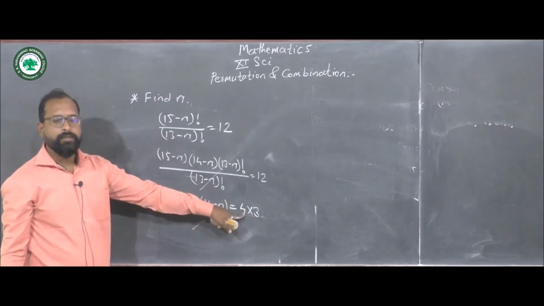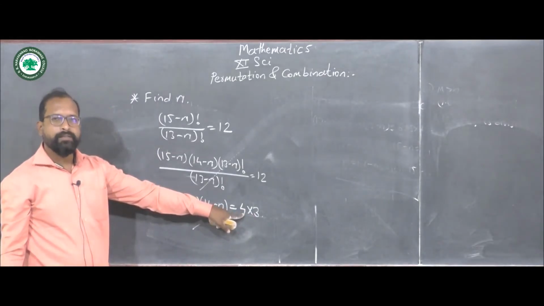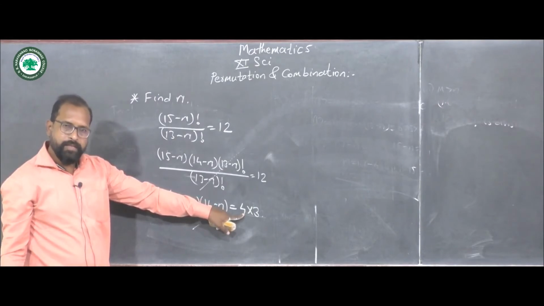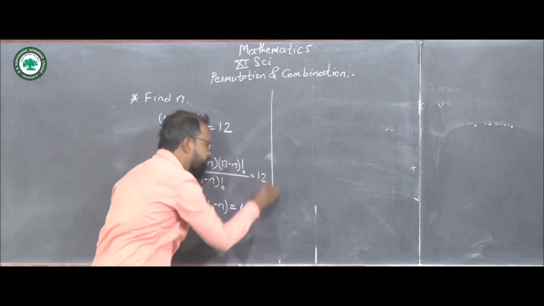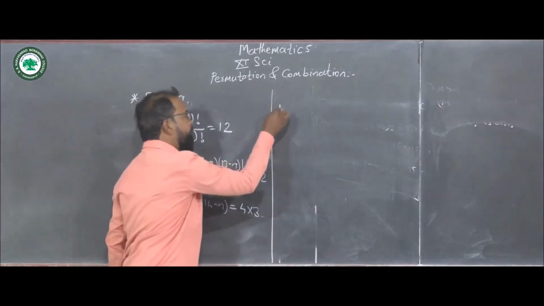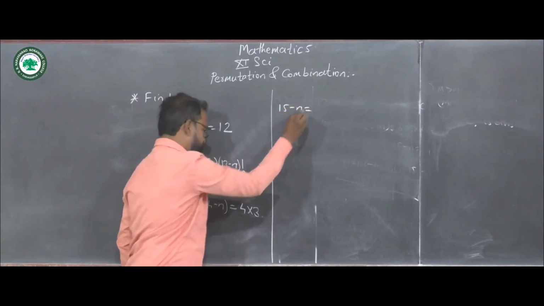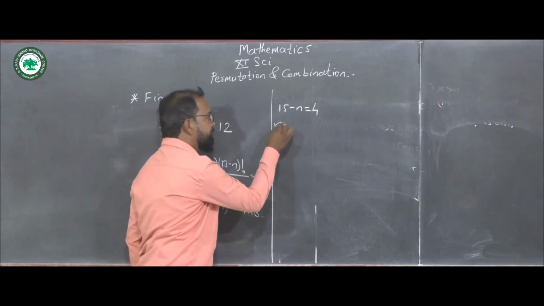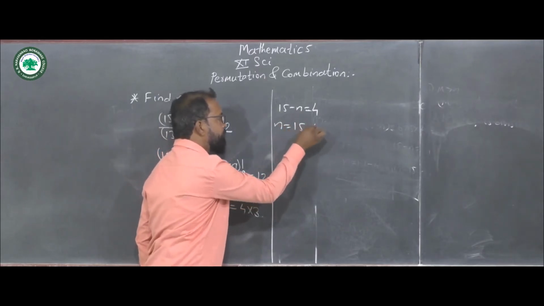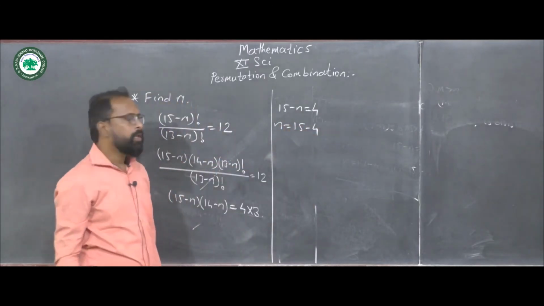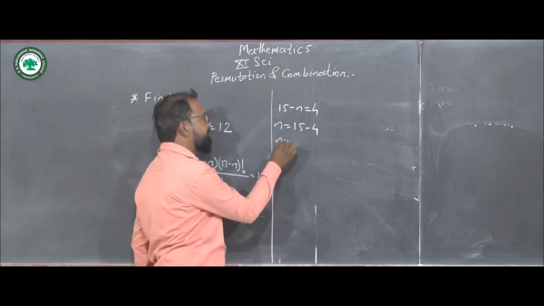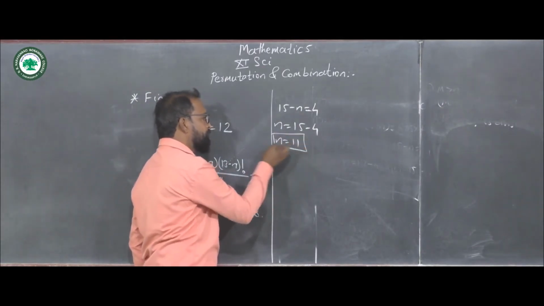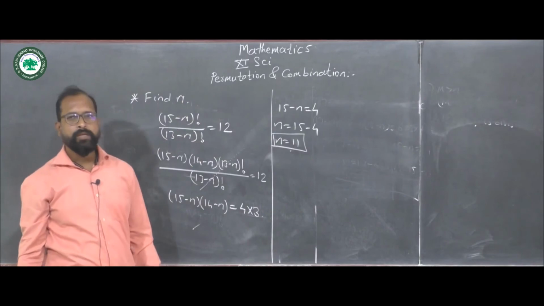Now comparing the terms, again compare the least term or the largest term. We get 15 minus n equals 4, which gives n equals 15 minus 4, and so again we get n equals 11.